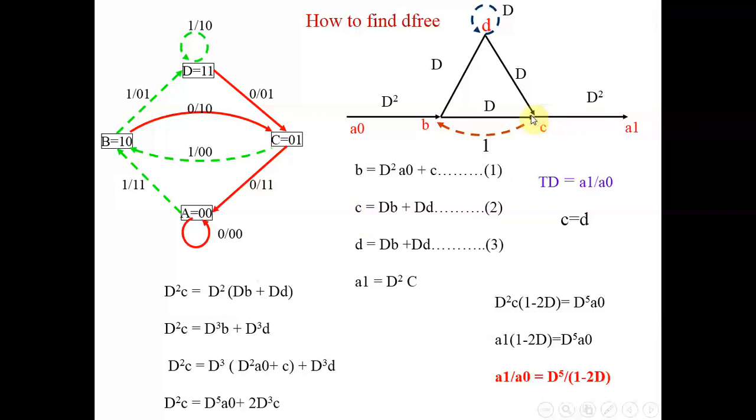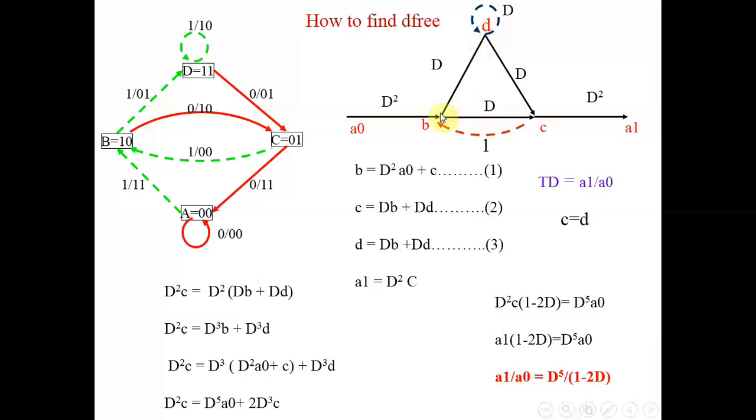Right? Now if I calculate node C, it is D into B plus, I am getting a second arrow here, which is D into D. So how do I reach node C? From B we have one arrow, from D I have another arrow. So D into B plus D into D. Similarly, if I calculate this node, how do I get it?